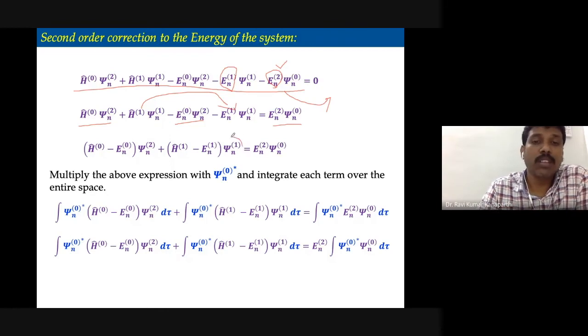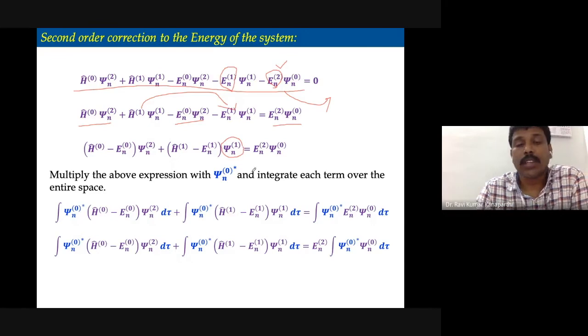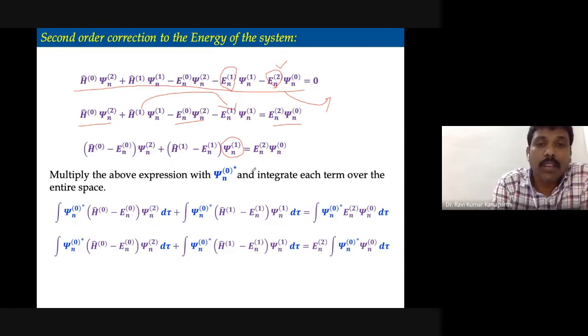Psi n1 is the first order correction to the wave function, and just now we have evaluated exactly that quantity. Now the entire expression you multiply with psi n0 star and integrate over the entire space. That is what is done here.